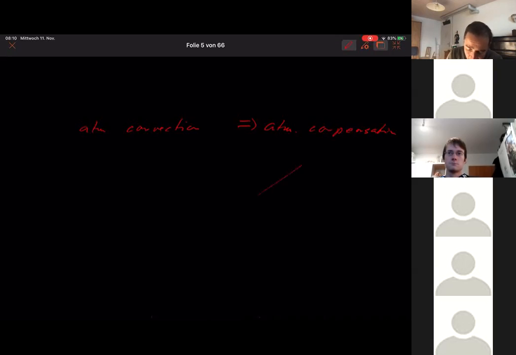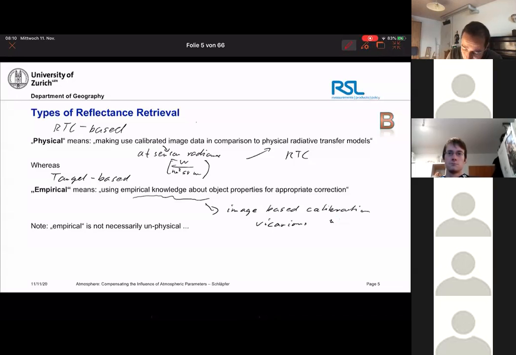So nowadays, one rather uses the term reflectance retrieval. That's just coming up in the last years.